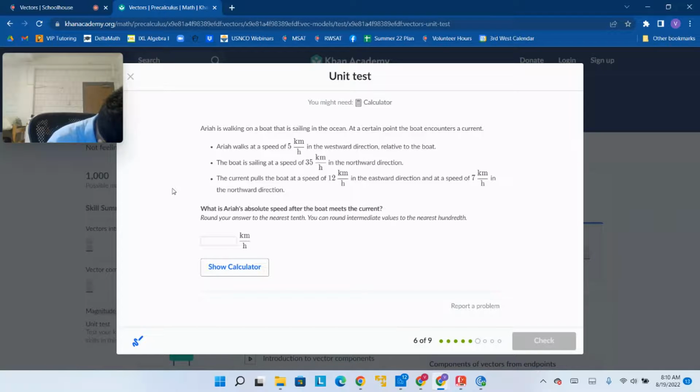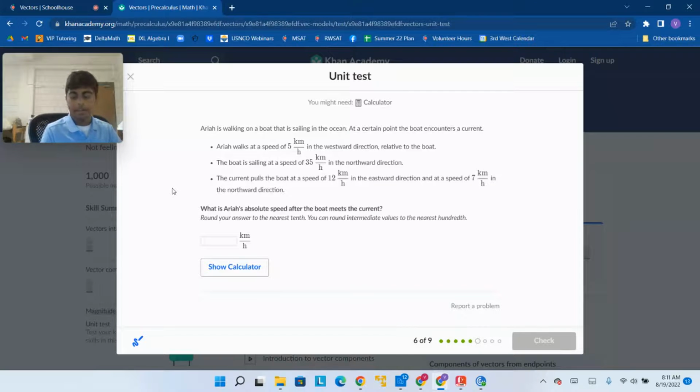Take the square root of that, which, putting it on our calculator, is going to be the square root of 1813, which can also be written as 7 times the square root of 37.